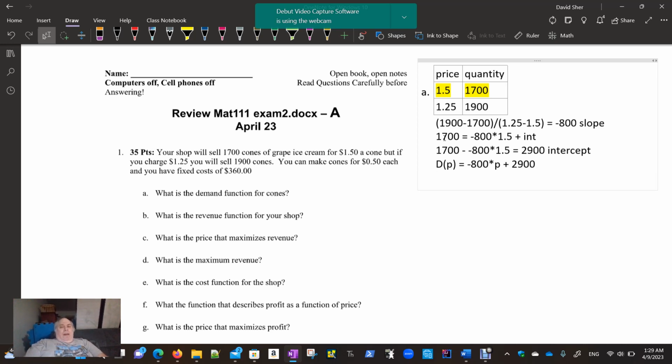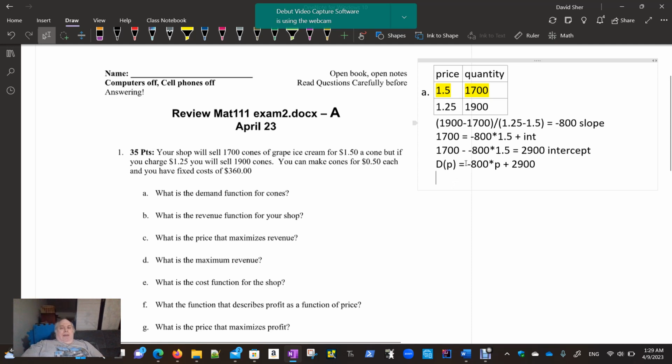Now, just to do a quick check, I'm going to plug in the number I didn't use in this part of the calculation. I'm going to say 1.25.